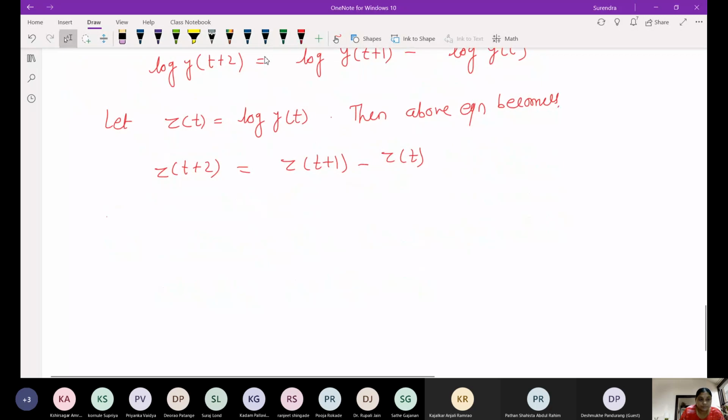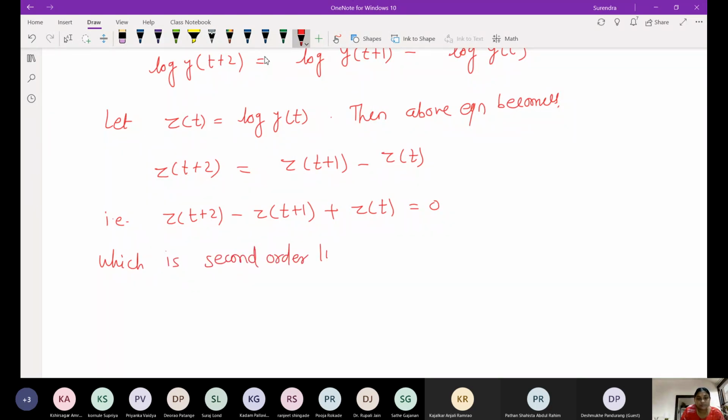That is, z at t plus 2 minus z at t plus 1 plus z of t is equal to 0, which is a second order linear difference equation, and its general solution is given by, what is the general solution now? What is the characteristic polynomial?